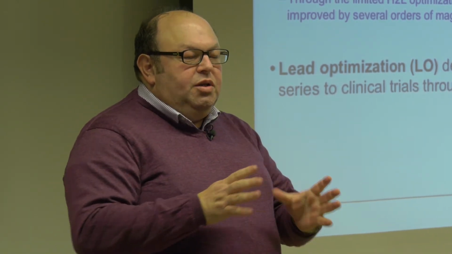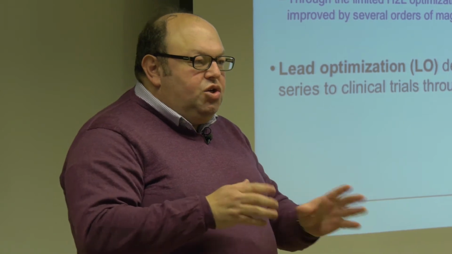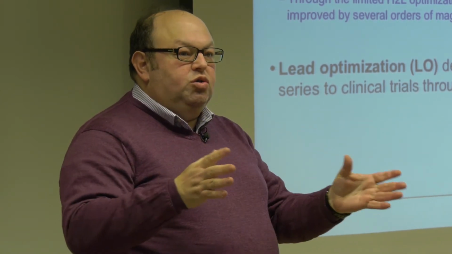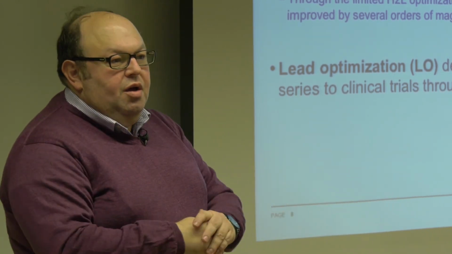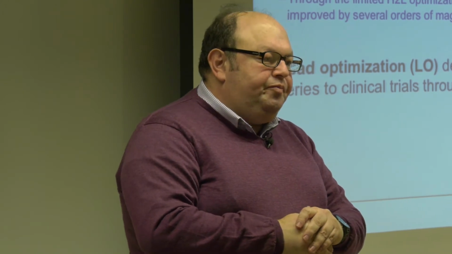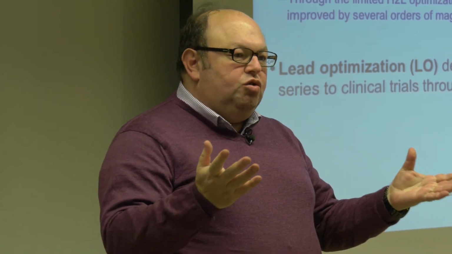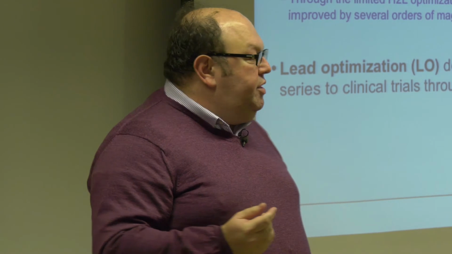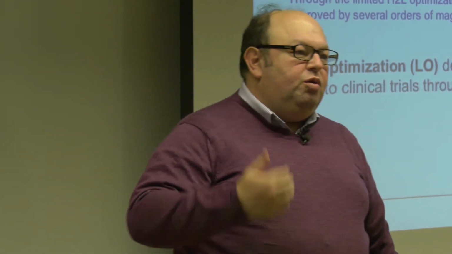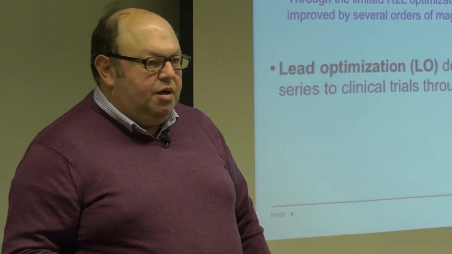We perform a very limited amount of optimization. We're also comparing different keys, because usually you find more than one key. You're comparing, and you're trying to decide in this stage which is the most promising key that you will continue intensively optimizing.